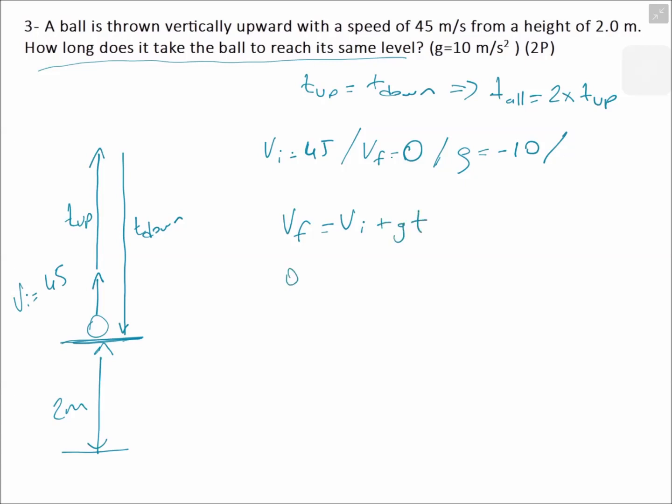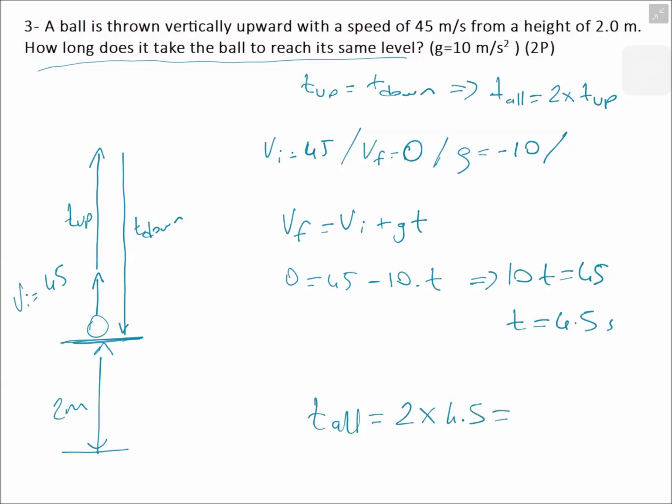Final is 0, initial is 45, negative 10t. So sending it to the other side, 10t equals 45. So t is going to be 4.5 seconds. So total time is 2 times 4.5, that means 9 seconds.